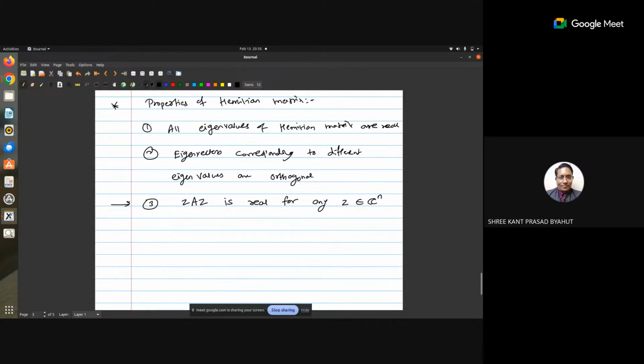Multiply means the normal multiplication you do, and the order doesn't matter. Okay, that is one property.